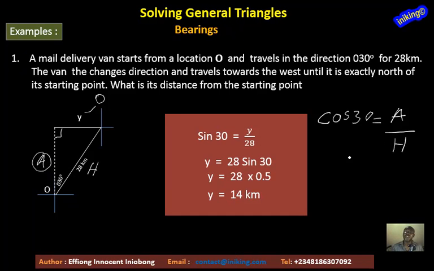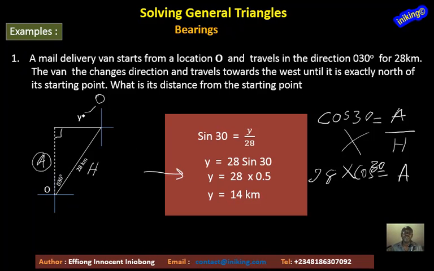And since we are looking for the adjacent side, if we cross multiply, the hypotenuse is 28. That will be 28 times cos 30 will give me the adjacent. Cos 30 is 0.866.